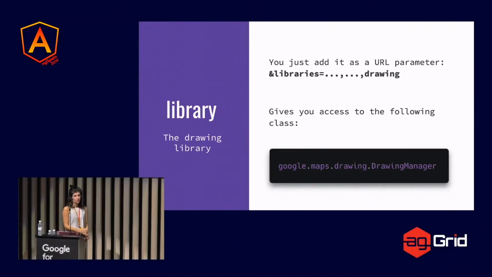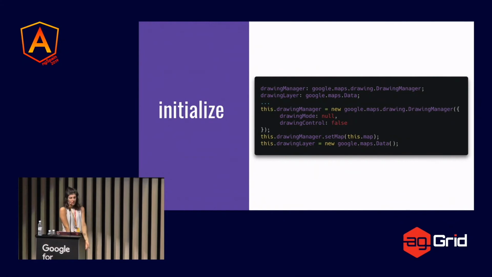You just add it as a URL parameter, as we said in the beginning, just libraries, which you can comma separate and add. It gives you access to the following class, the drawing manager. So how do you initialize the drawing manager? Again, google.maps.drawing.DrawingManager, and you also want a drawing layer.